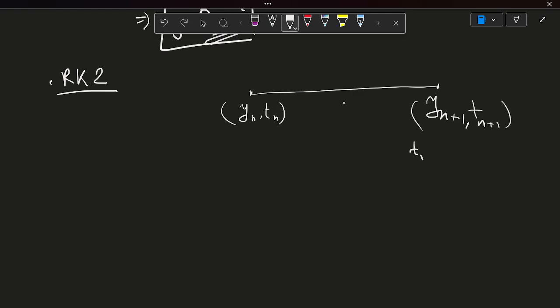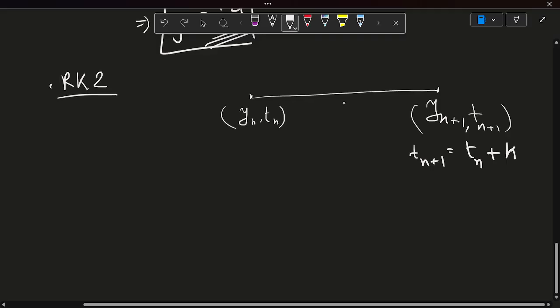So tn plus 1 is basically your tn plus h, or tn plus delta t.